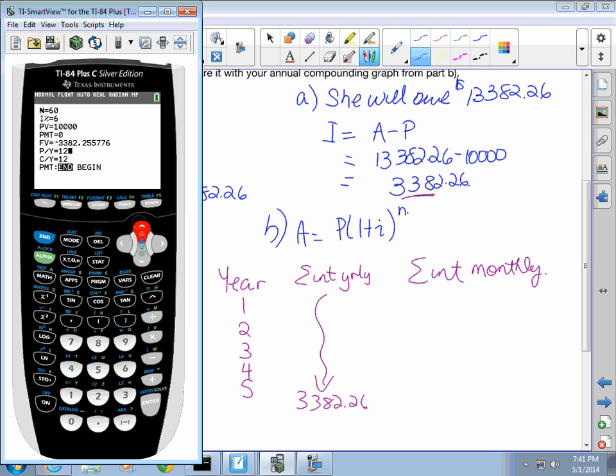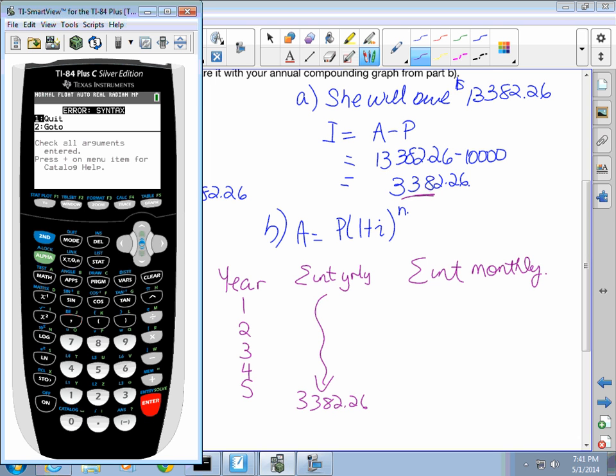If I go to my future value and hit the alpha, it's $13,488.50. Now if I go into my apps for the sum of the interest, I'm going from month 1 to month 60.